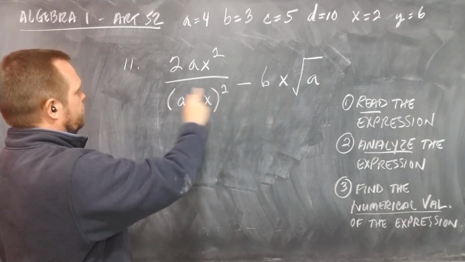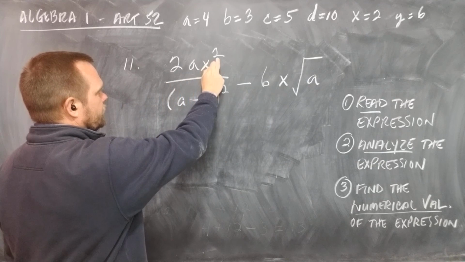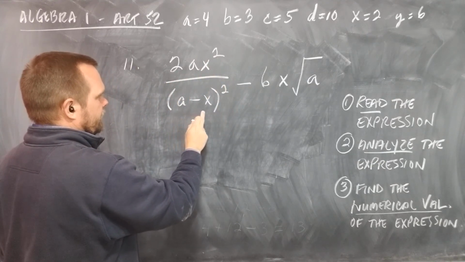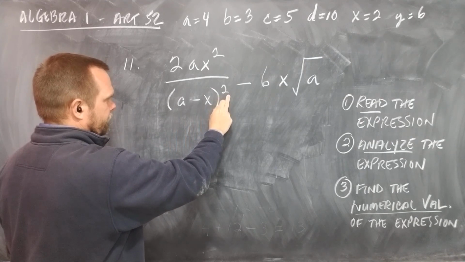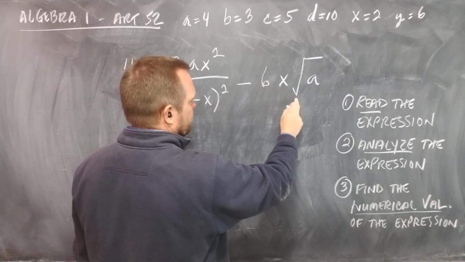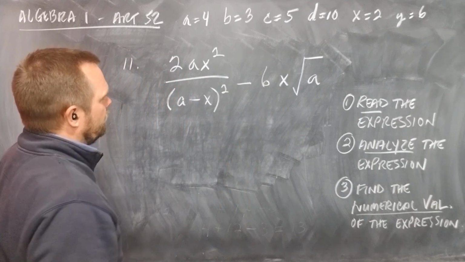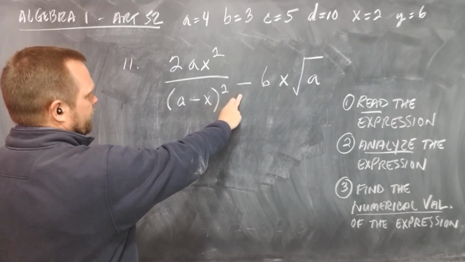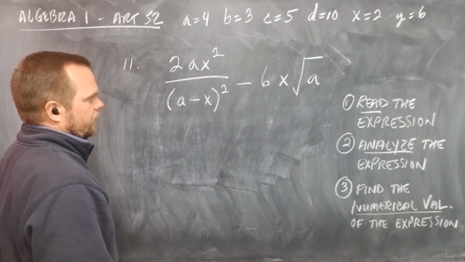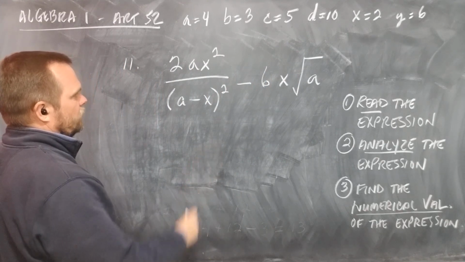This is our expression in number 11. 2 times a times x squared divided by (a minus x) squared minus 6 times x times the square root of a. That's a reading of the expression. We can see the minus sign separates two terms in this expression. Okay? So now let's go ahead and find the numerical value.